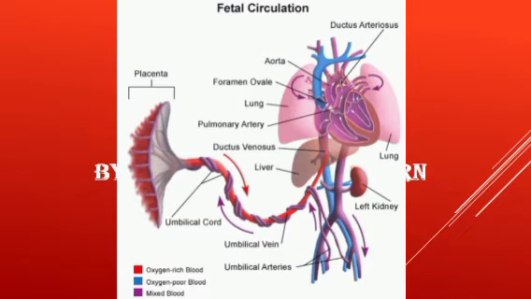Then from there, we also have the ductus venosus. Basically this is just a shunt that allows oxygenated blood in the umbilical vein to bypass the liver directly into the inferior vena cava.